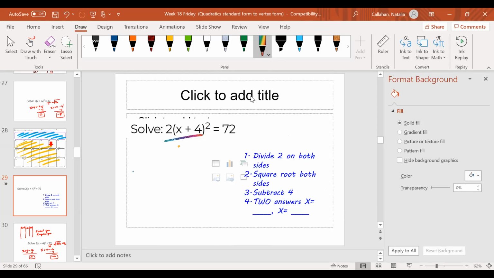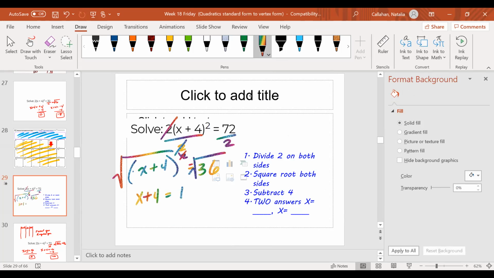First thing to do, divide by 2. When that's done, this part cancels. x plus 4 squared equals, and that's going to give you 36. Then you're going to square root both sides. So x plus 4 equals plus or minus 6.